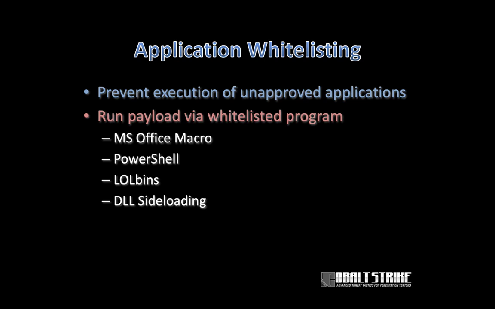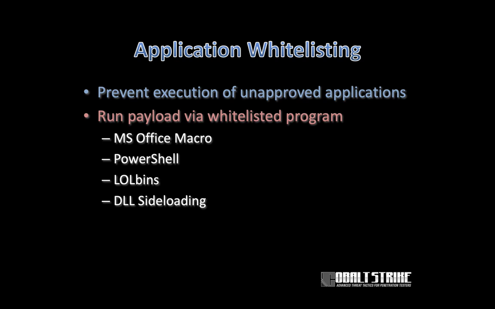The strategy here is to run your payload via a whitelisted program. For example, if you're worried about your initial phishing vector, a Microsoft Office macro may be attractive because Visual Basic for Applications can call the Win32 API. PowerShell is attractive and has been abused heavily for similar reasons.